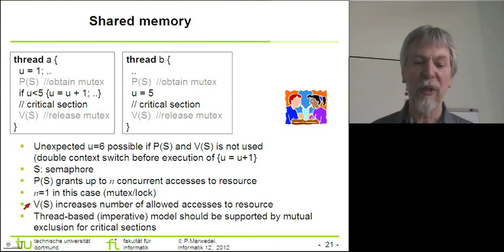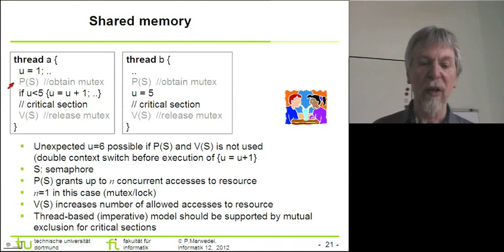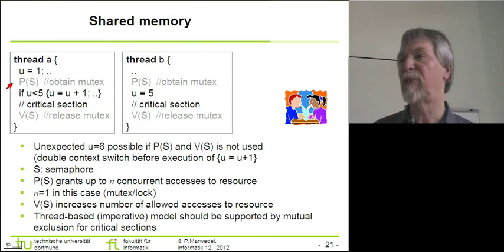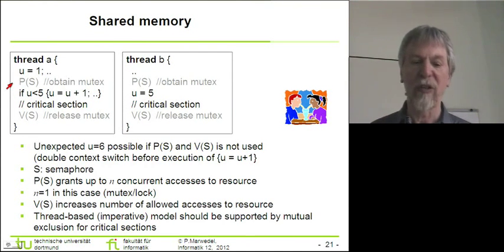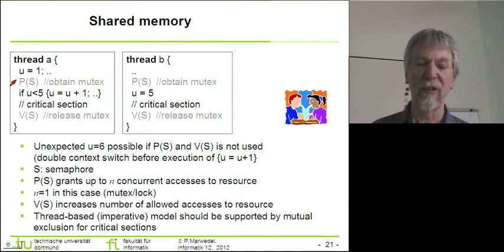So if we would actually use this gray code over here, then this unexpected behavior could not happen because we would protect this part of the code, which is actually called a critical section. It's a critical section because it contains accesses to shared resources.